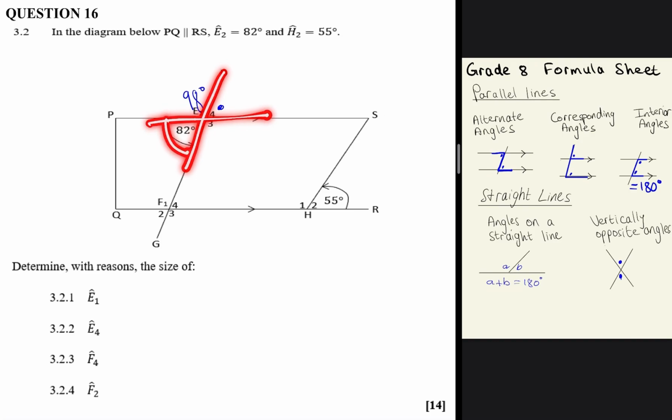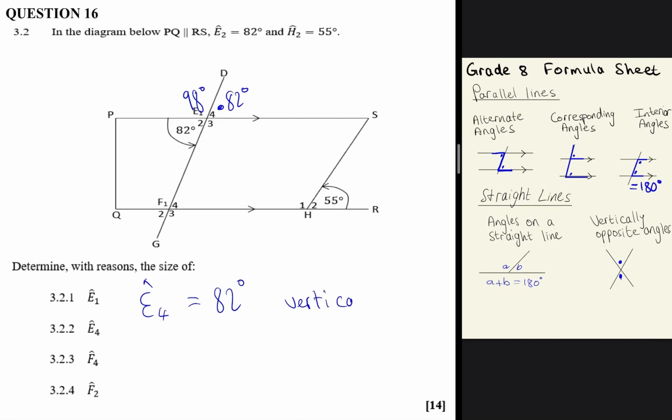Because we've got the two lines over here, and this 82 and the one we have to work out, E4, are vertically opposite to each other. So then you can just write angle E4 equals 82 degrees. Why is that the case? It's just vertically opposite angles.